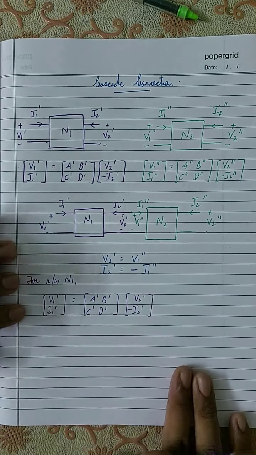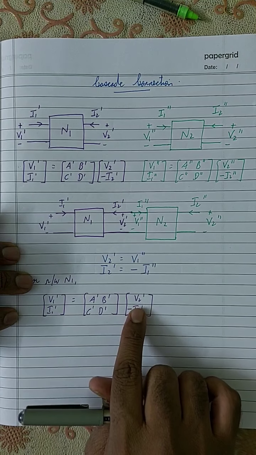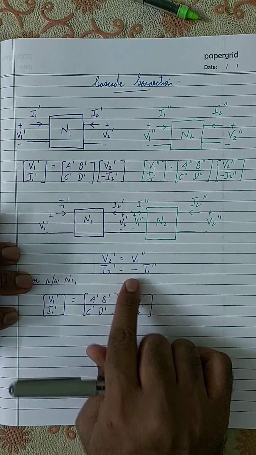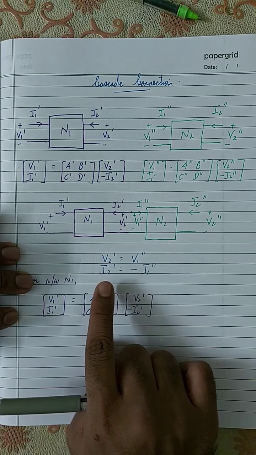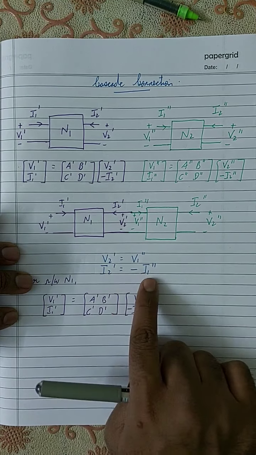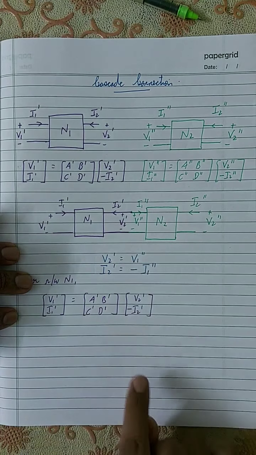Now I'm going to substitute in this. We already know that V2 dash is equal to V1 double dash, and I2 dash is equal to minus I1 double dash.